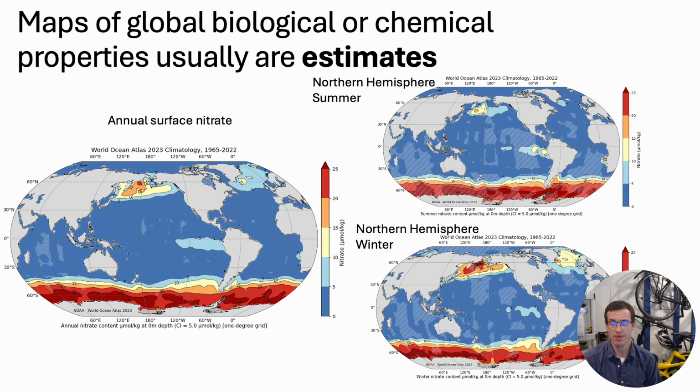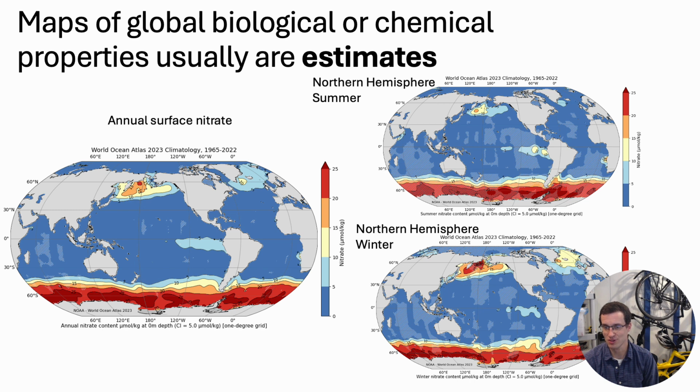So now when we think about actual measurements in the ocean, I showed these images earlier of nitrate. This is from the World Ocean Atlas. It's a compilation of shipboard data. And you might have noticed that there are these regions with hash marks, some shading. That shading indicates areas where they're still making an estimate of the surface values, but you have lots of gaps.